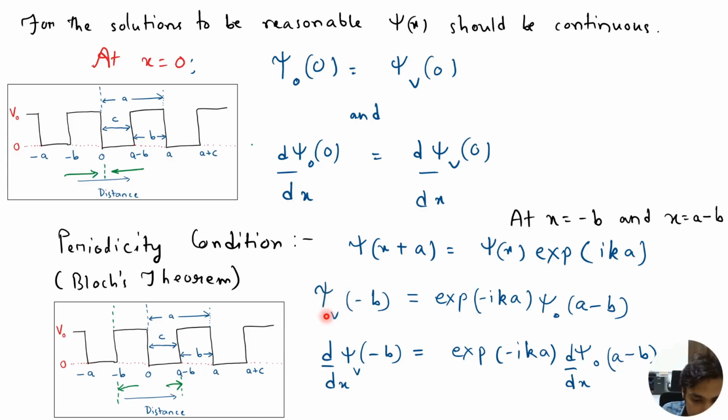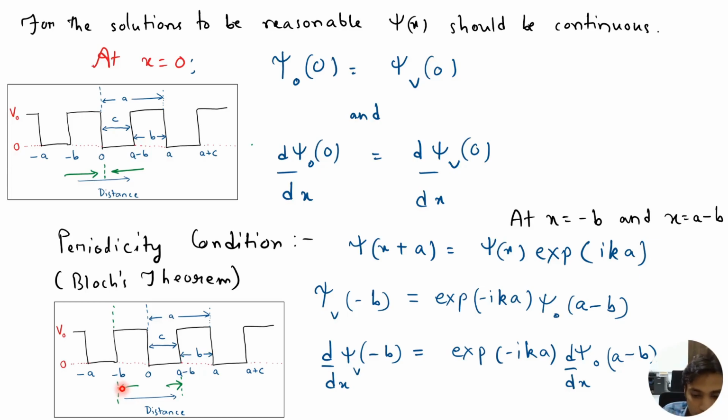Look at this point, you are approaching from the region where the potential is V, so this V stands for that, and you are evaluating it at minus b, so you are approaching the wave function from this side.